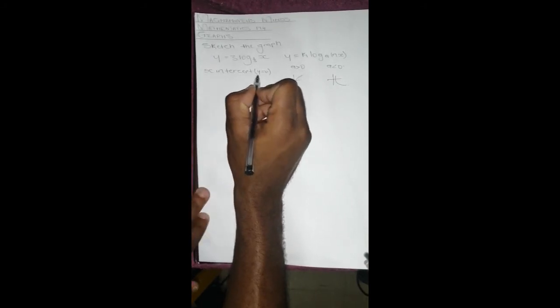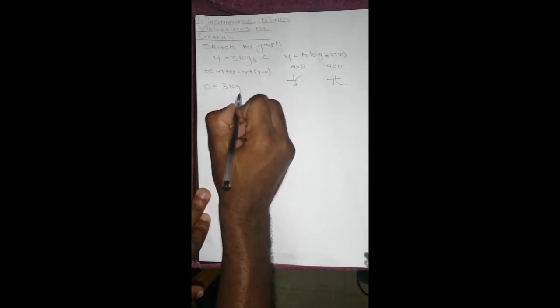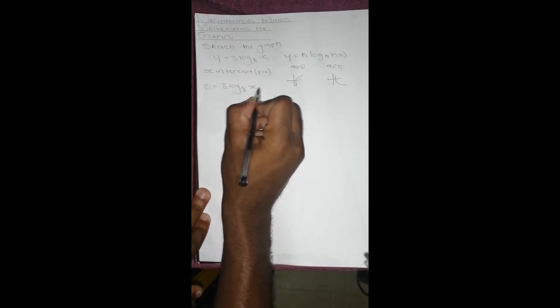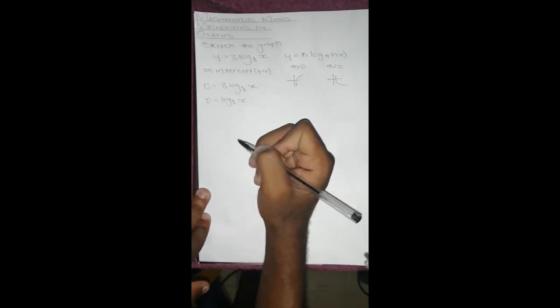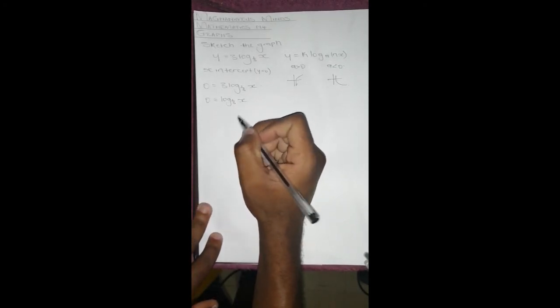So for the x-intercept, y equals 0. When y equals 0, 0 equals 3 log base 1/3 of x. Then we divide both sides by 3, so we have 0 equals log base 1/3 of x.